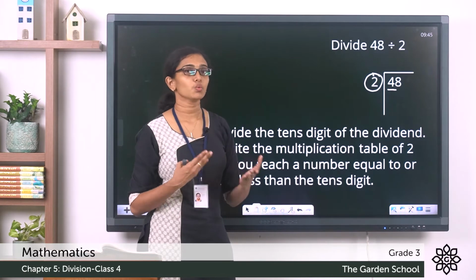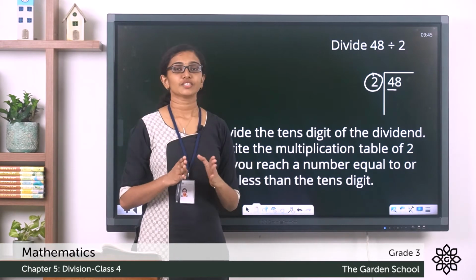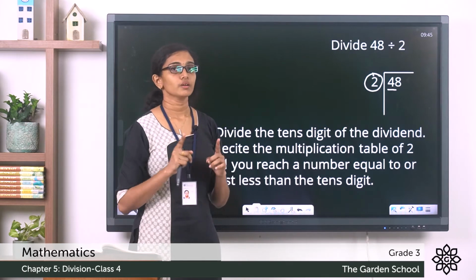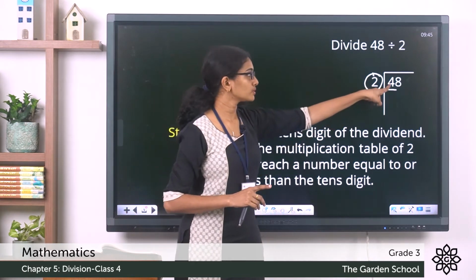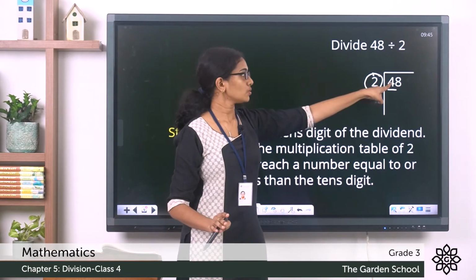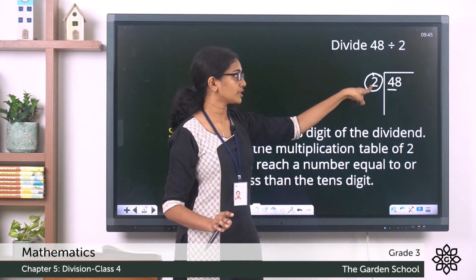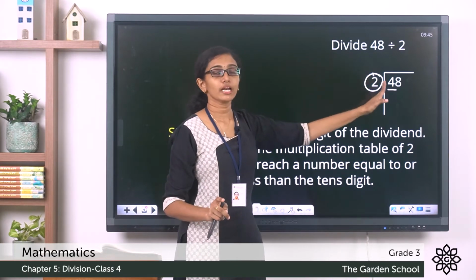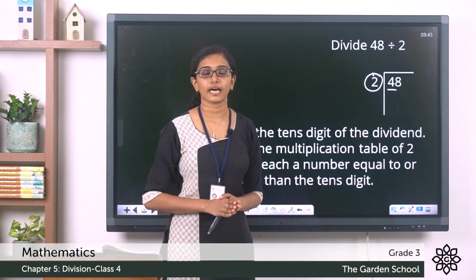To find out what is 4 divided by 2, let's recite the table of 2 till you reach a number which is either equal to the number we are considering here or just less than that. So you have to recite the table of 2 till 4 or just less than 4.